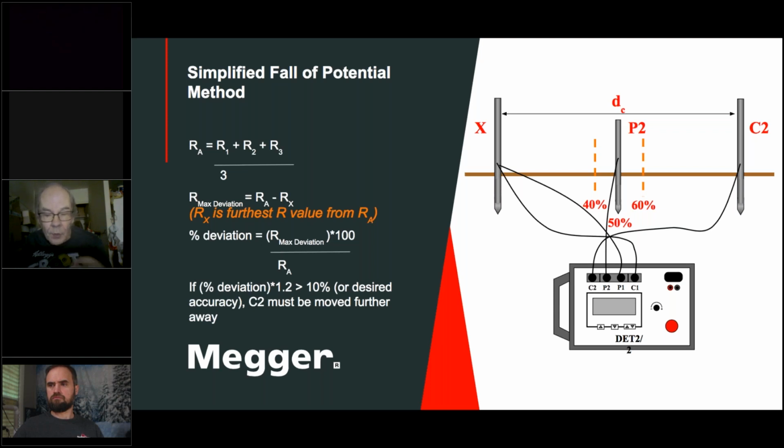If you get a real nice calculation, let's say you're under 2%, well, in a DMM, that wouldn't be too bad. And so for a grounding measurement, same logic, that's not too bad. So your result was pretty accurate and you could accept that. So that's basically the pass-fail crunch that's built into doing a simplified fall of potential. Okay, next.